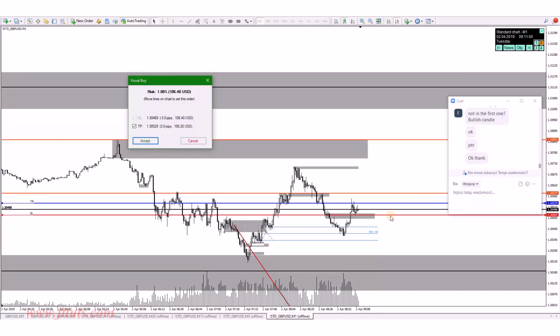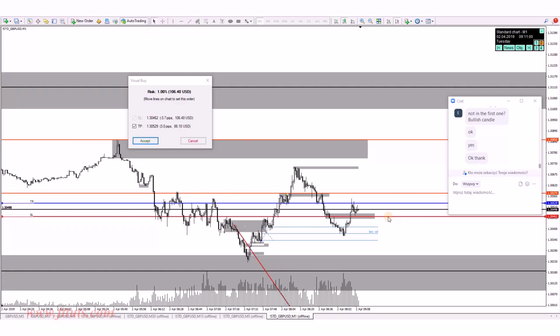At first, what at first? The stop loss, sorry. Yeah, below the wick, so like less than 4 pips.